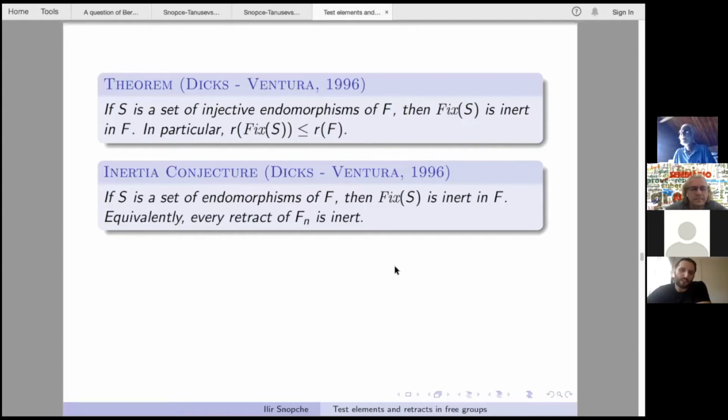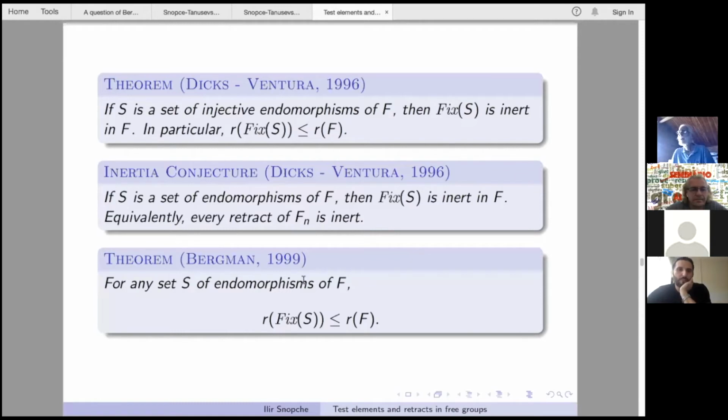Using an observation, or a lemma, from Turner, one can show that these two assertions are equivalent. So in order to finish completely the Scott conjecture, one just needs to prove that every retract of Fn is inert. Actually, a person who really spent time working on this problem was Bergman, and he finally managed to prove completely the Scott conjecture.